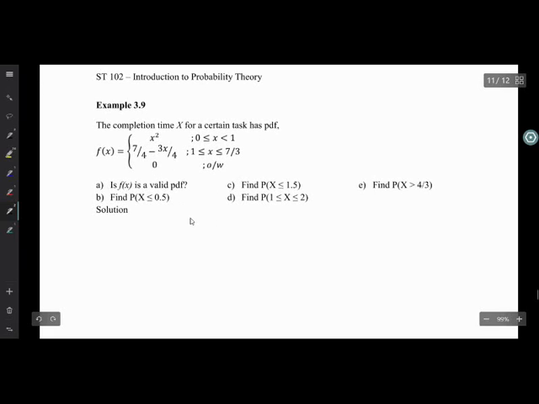The first one is: is f(x) a valid PDF? So what you have to do is integrate your f(x) over the support and check whether this is a valid PDF. In this question you have a split support: from 0 to 1 you have a certain f(x), and from 1 to 7 over 3, the next one.